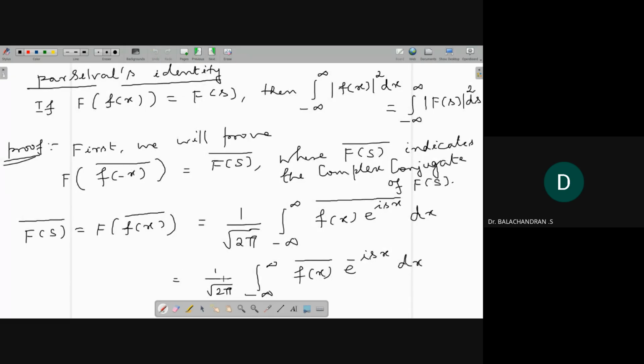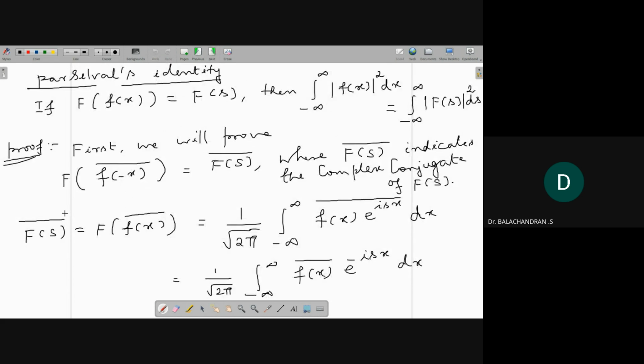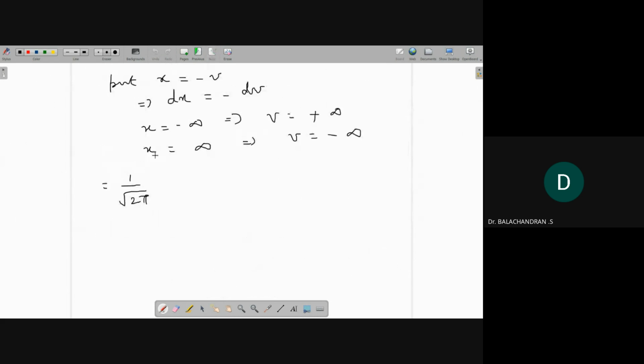So now here you have 1 by root 2 pi. On the left hand side, I'll write f of s whole bar. The limits will change, from plus infinity to minus infinity.